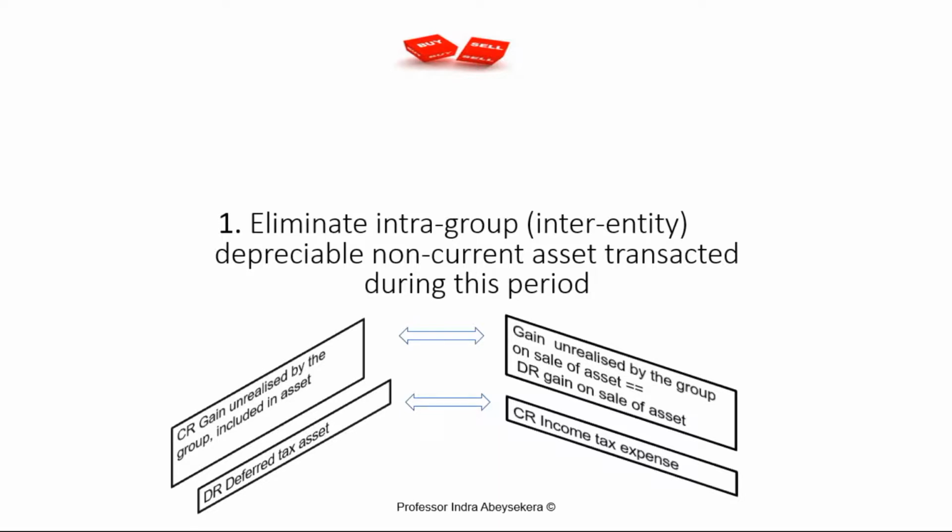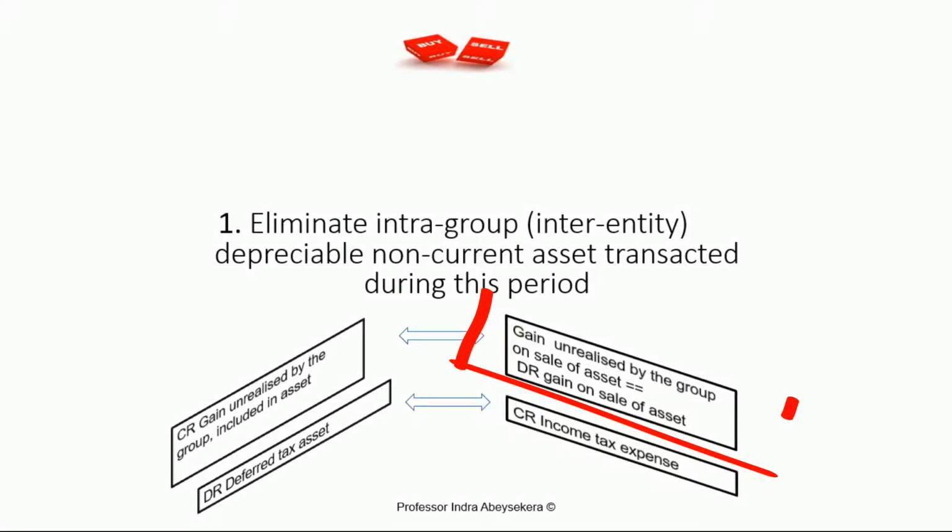Let's look at how we eliminate intergroup transactions that relate to depreciable non-current assets. When a non-current asset is transacted within the group, the entity that sells the non-current asset, in this instance, we take it as a gain or profit.